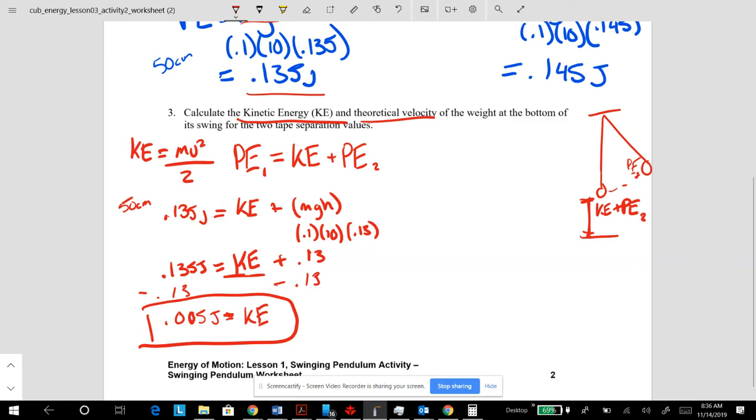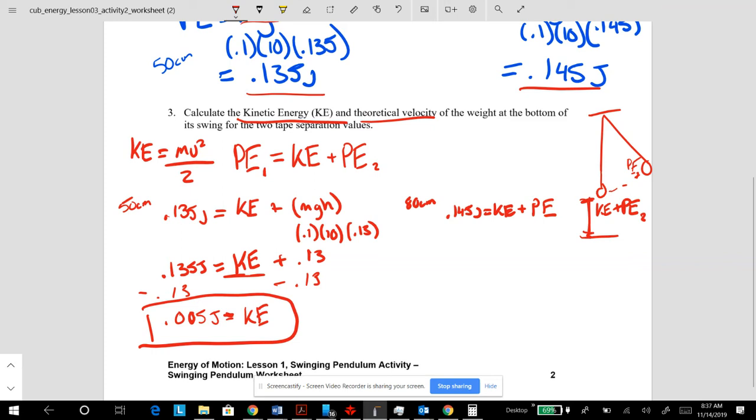Fair? Now we have to do the 80 centimeter side. So I'm going to do 80 centimeters over here. My potential energy is this now. It's still going to be this equation: 0.145 joules equal to kinetic energy plus my potential energy. Now this part is kind of easy. It's the potential energy at equilibrium.